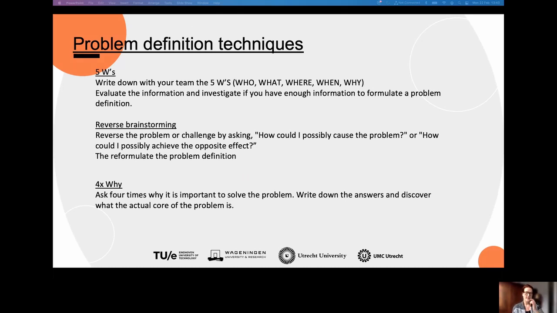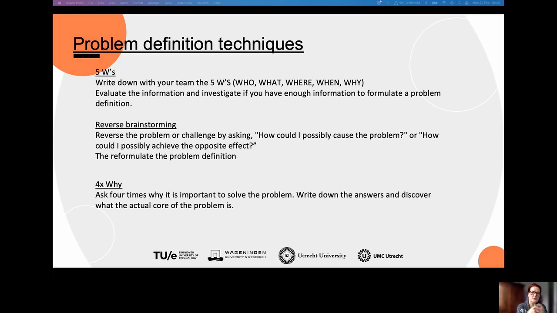But there are also other easy to use techniques that don't take a lot of time. So you might know the 5 W's, and that is a really very easy to use technique where you make a list based on the 5 W's. So just write down the who, the what, the where, the when, and the why.